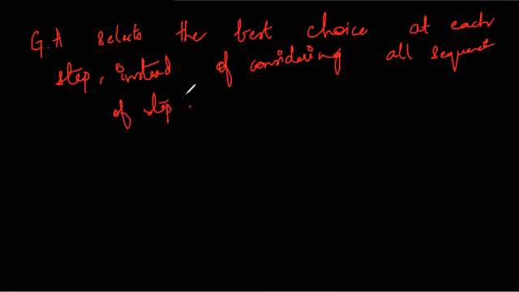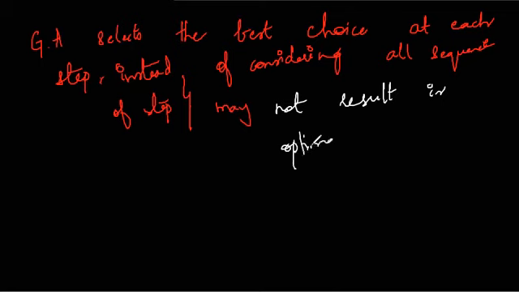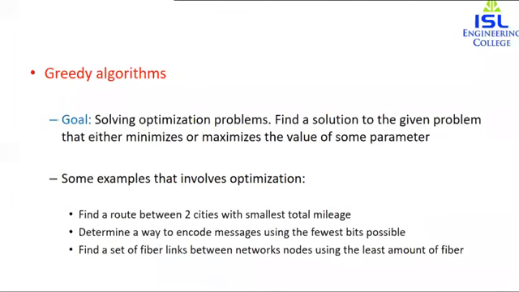Instead of considering all sequences of steps, it considers the best choice, and this may not result in an optimal solution every time. Sometimes it may give you an optimal solution, but sometimes it may not. So algorithms which make the best choice at each step are called greedy algorithms. So let's see the topic.